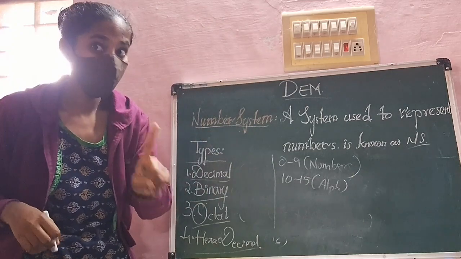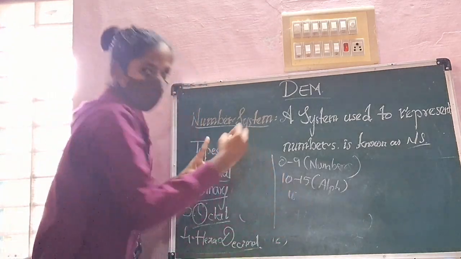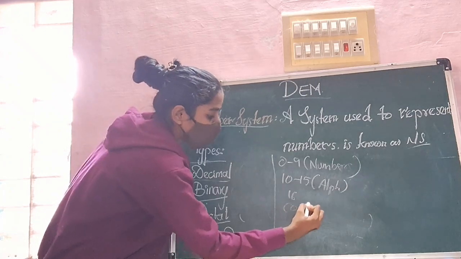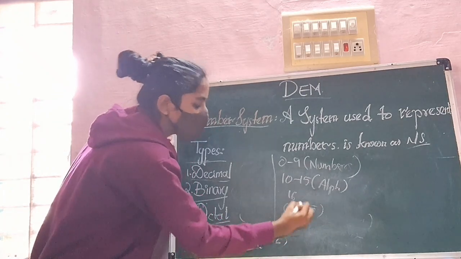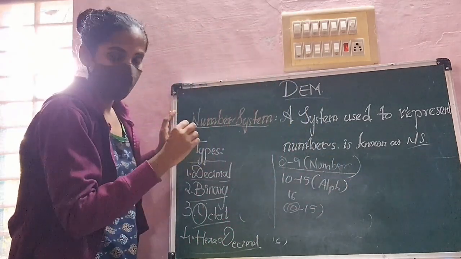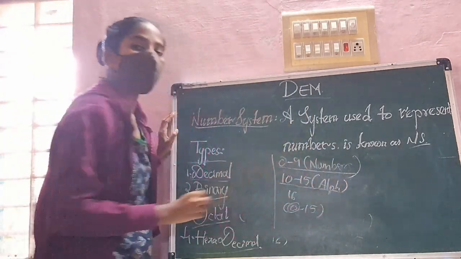I have already said 16 is the base, so I take values 0 to 15 because I count 0 also. From 0 to 9 are numbers, and from 10 to 15 are alphabets.